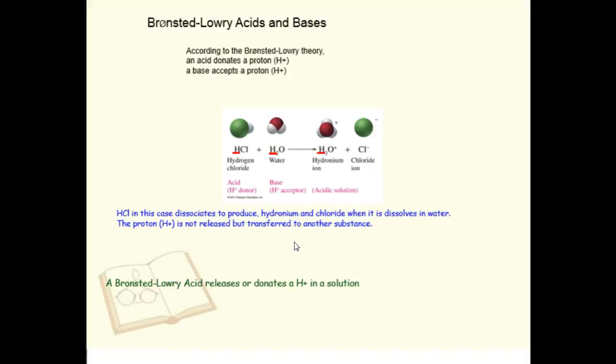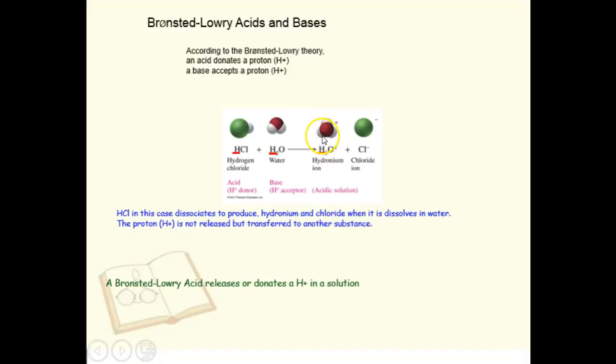According to the Bronsted-Lowry theory, an acid is going to donate a proton. So if we have hydrochloric acid here, it's going to be donating the hydrogen that it has to form a hydronium and a chloride, and a base is going to accept that proton, that H+.